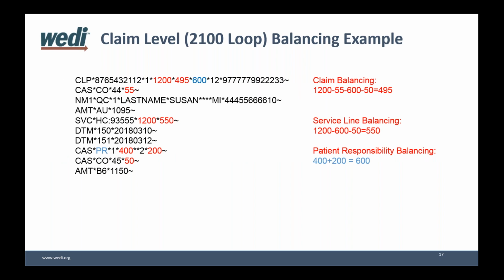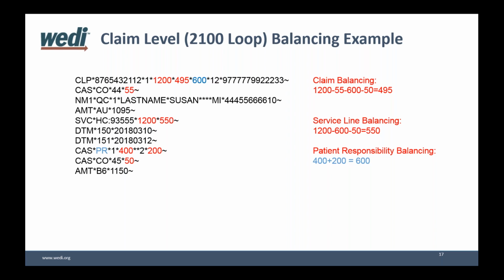Let's take a look at a claim example. We've got a lot of colors going on here, but this is a good one. So we've got, again, our $1,200 is going to be submitted at the claim level. And we have a service level as well. There's only one service level, so we're going to represent the $1,200 as the billed amount at the service level as well. Now we have a patient responsibility amount of $400 and $200, which is a net of $600. We also have an adjustment for $50, which is contractual, which ends up netting our service line paid amount to $550.